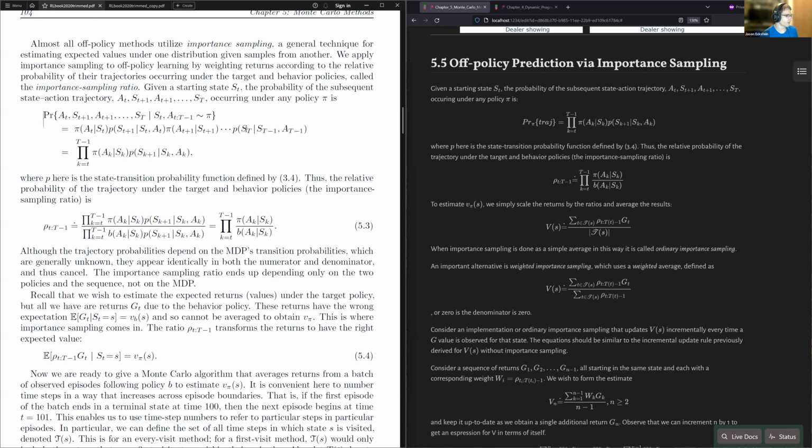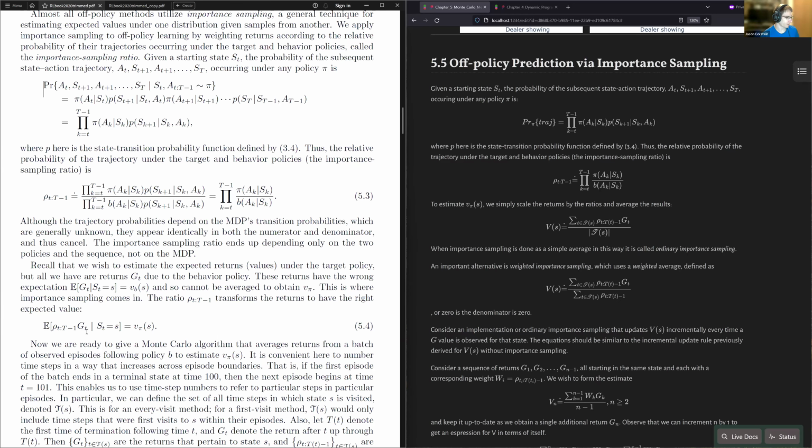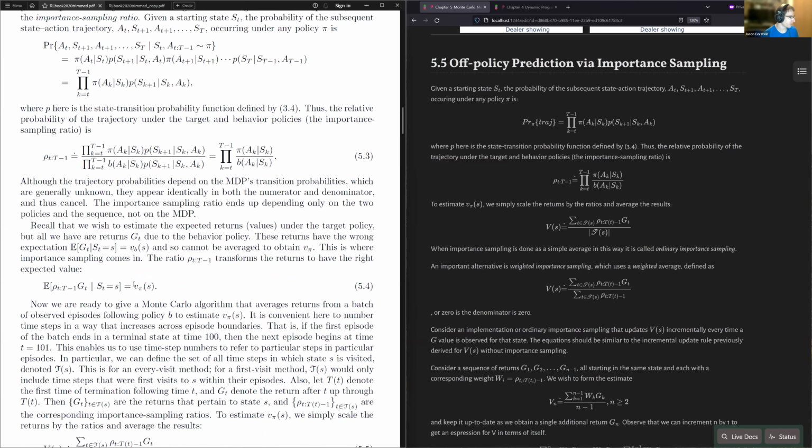We need to compute that in order to correct these estimates, right? The claim here is that if we have the returns under the behavior policy, then the expected value of those returns, as long as they're multiplied by this ratio, will end up being an unbiased estimator of the value under the target policy.